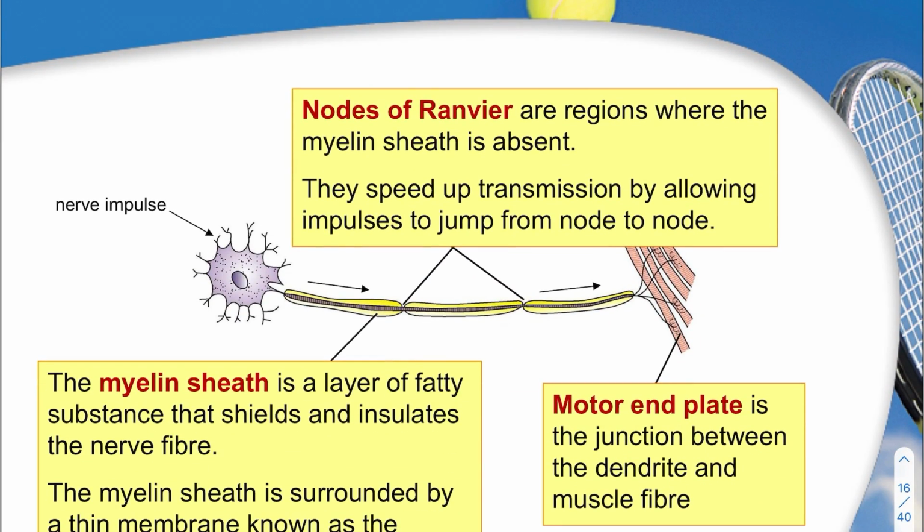Another portion of the human nervous system is this yellowish colored item that's along the neuron. This portion here is known as the myelin sheath, and this is a layer of fatty substance that shields and insulates the nerve fiber.